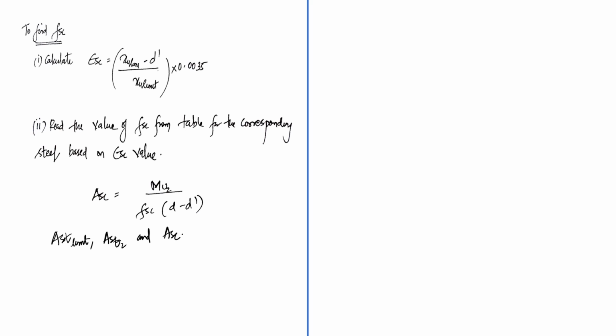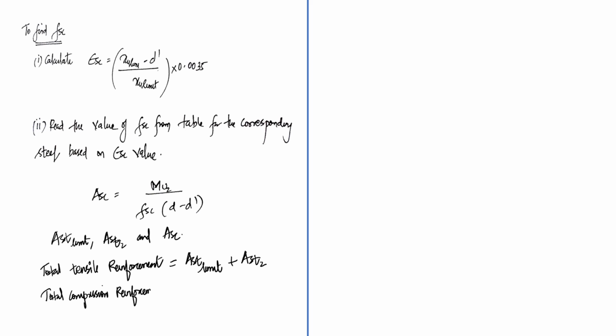I can write the total tension reinforcement is equal to AST limit plus AST2, and the total compression reinforcement is equal to ASC. So based on this you can draw the section diagram.